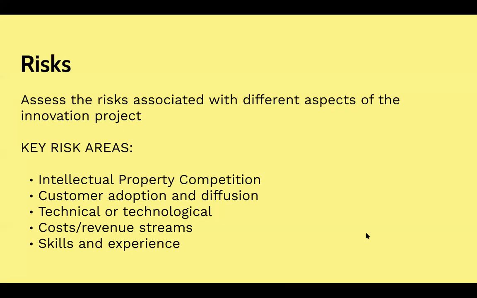So key risk areas are things such as intellectual property, competition, might be things like customer adoption and diffusion. It could be technological or technical developments in the marketplace which can affect your projects. It could be costs or revenue streams, which may be a challenge area, or it could be a lack of skills or experience that could affect the delivery of the project.